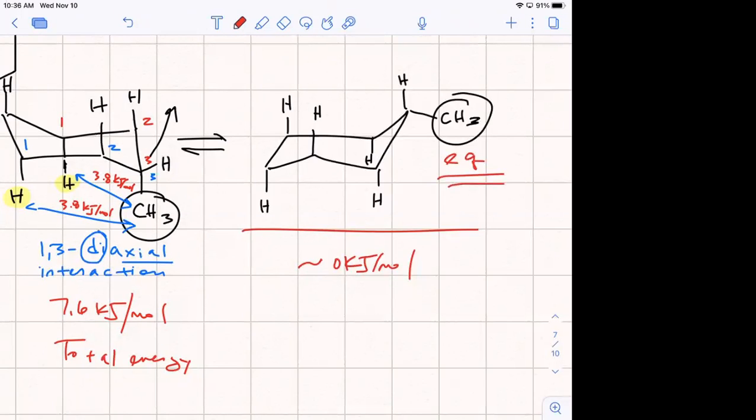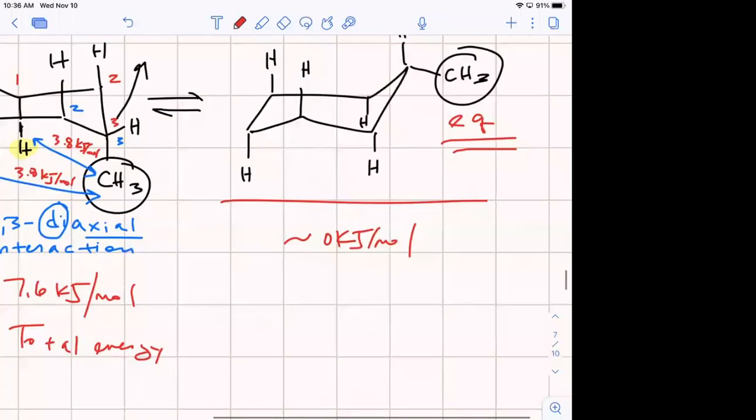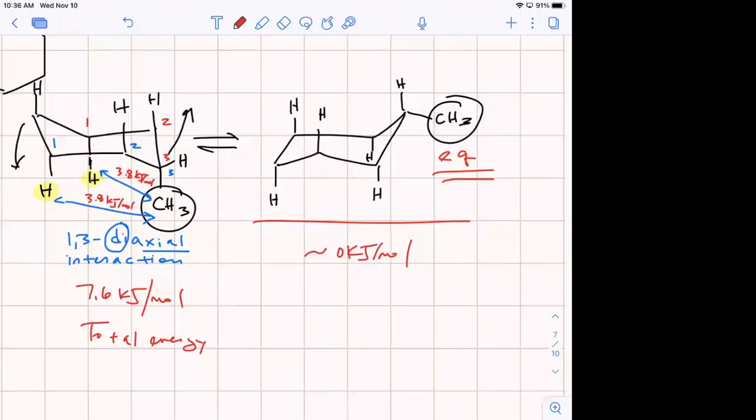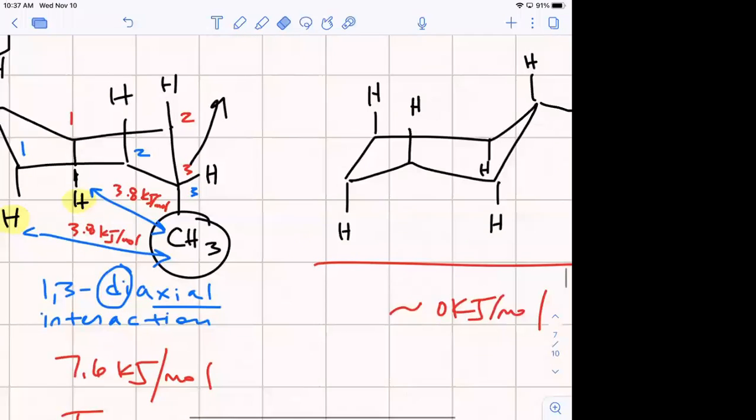So this is a much lower energy conformation. This is the conformation that's going to be more prevalent in nature, right? That chair. So when we think about this in terms of equilibrium, the equilibrium is going to favor this way.